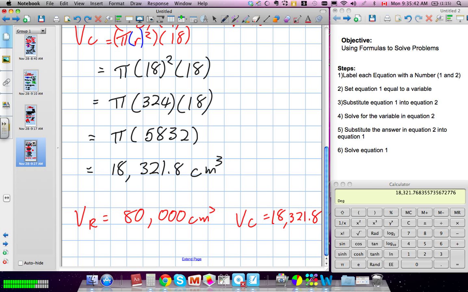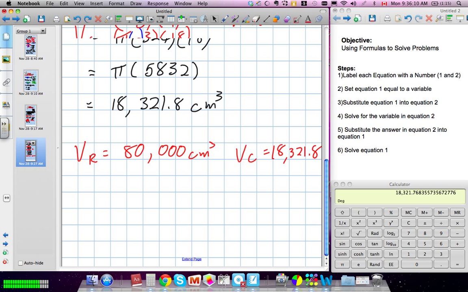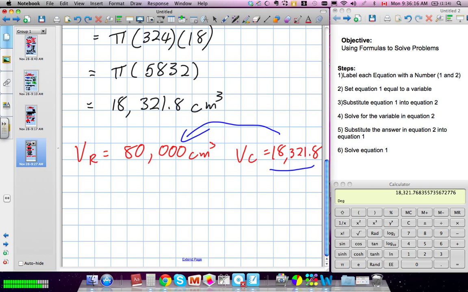To figure out how many times the cylinder goes into the rectangular prism, what do we calculate? So what we need to do is divide these two terms. Because we're trying to figure out how many times this fits into this, we're going to divide 80,000. So this is going to give us the number of refills.